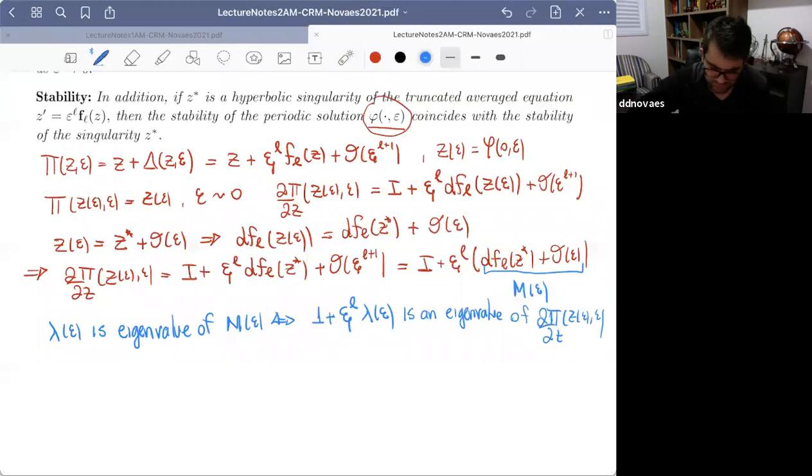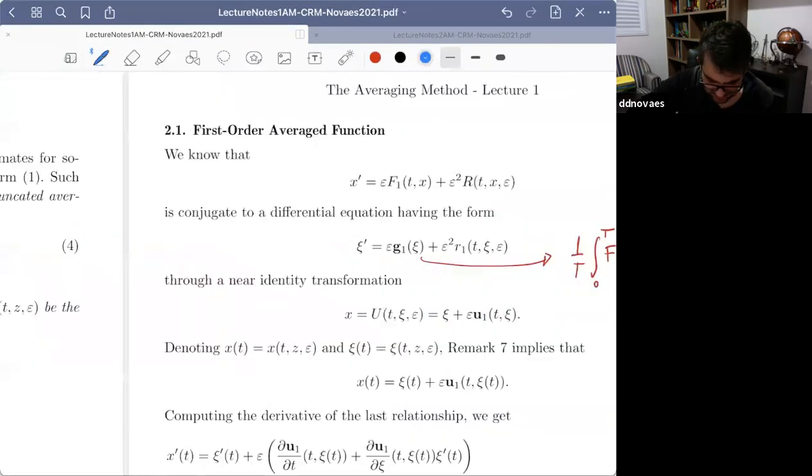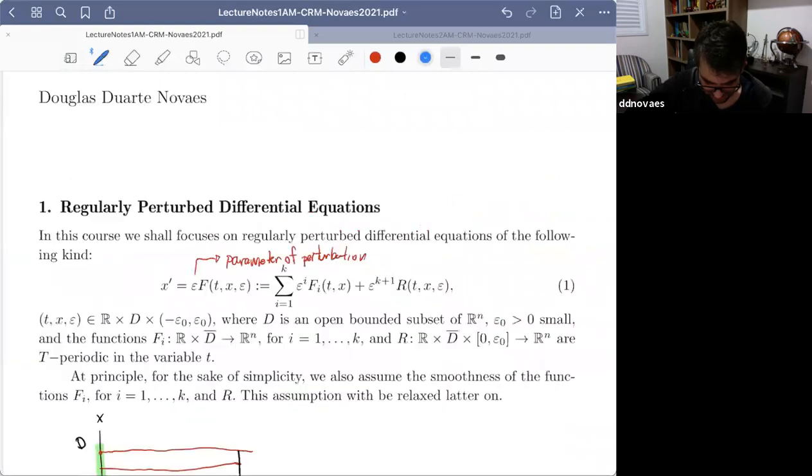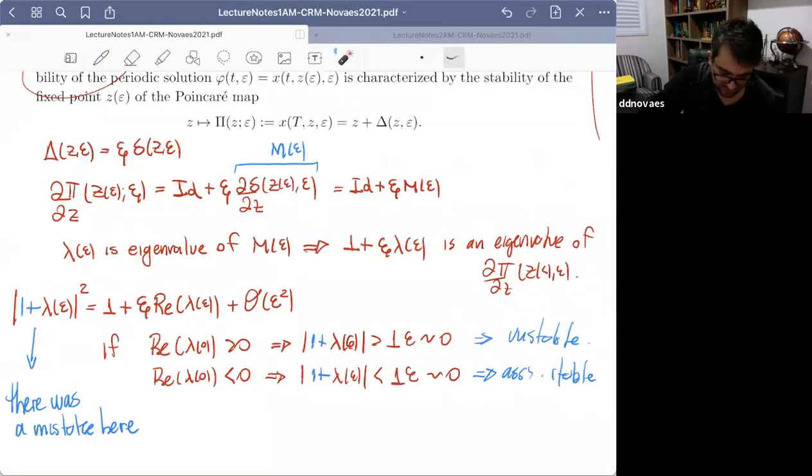Okay, so we saw in the first class, we have to fix something here because in the first lecture I said that the square of the norm of lambda epsilon is equal to that, but it's wrong.